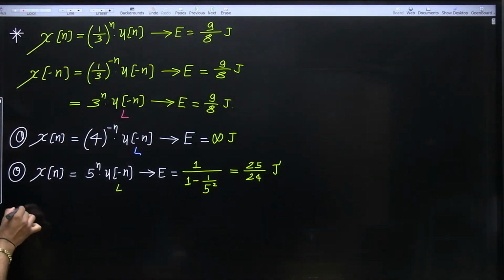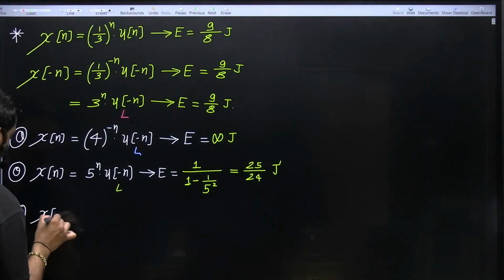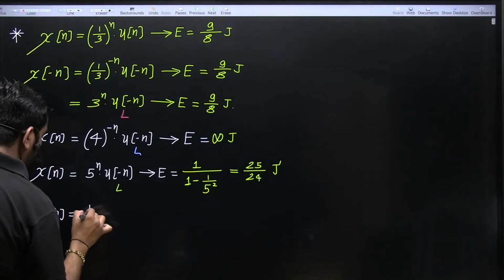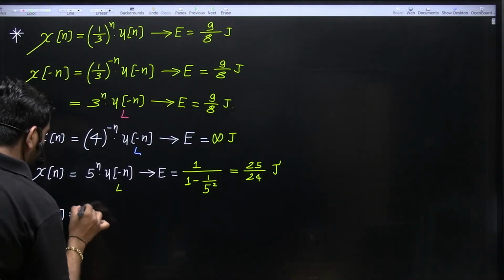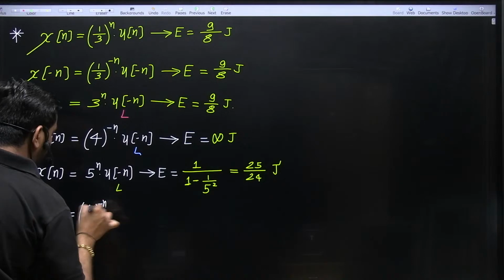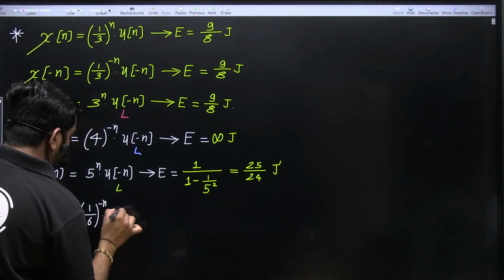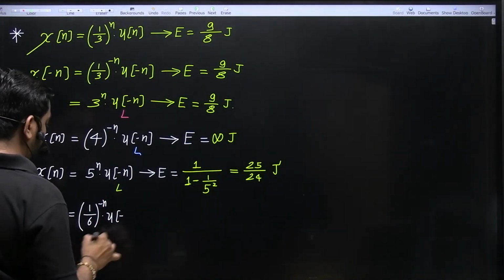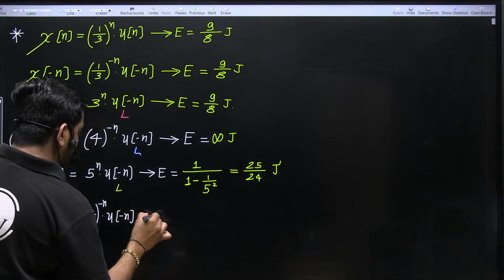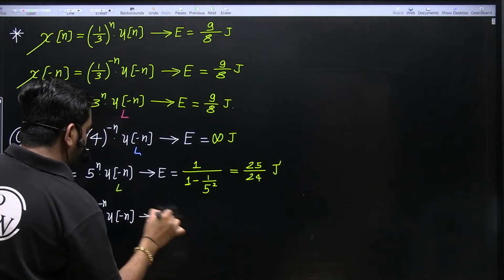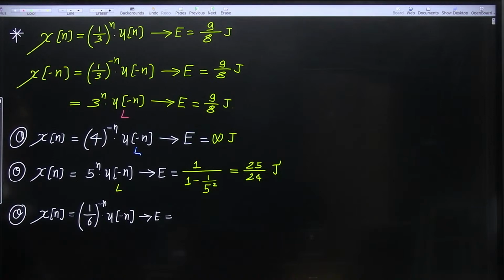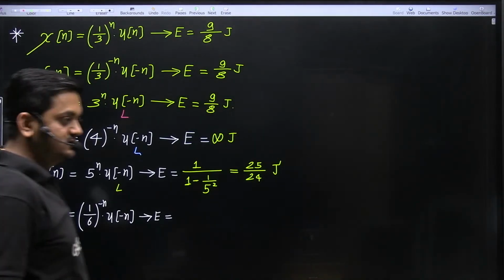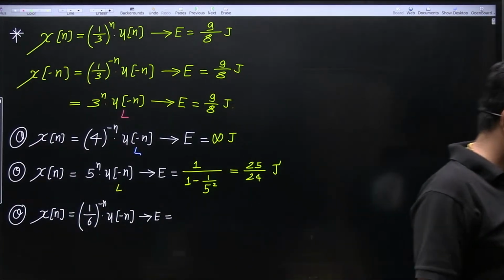Suppose I am asking x of n is equal to 1 by 6 power minus n into u of minus n. Will the energy be finite or infinite, is it an increasing function or decreasing function? I am expecting an answer from each and every single student.